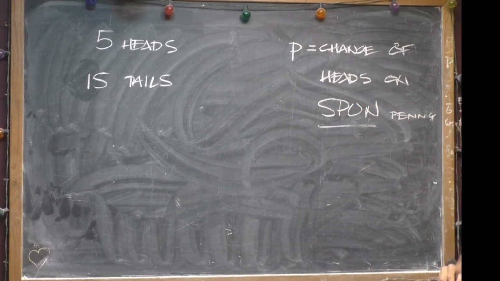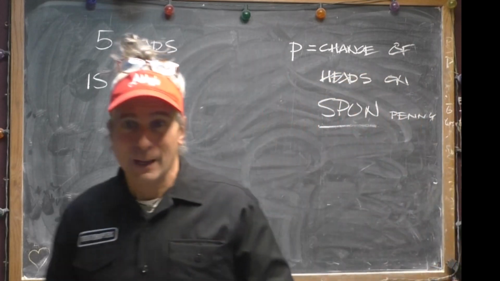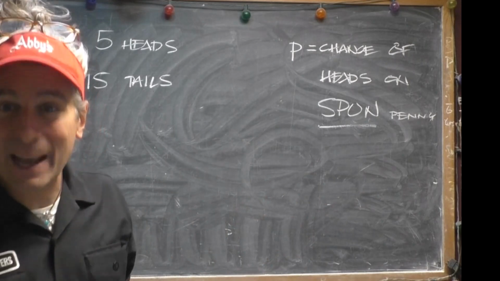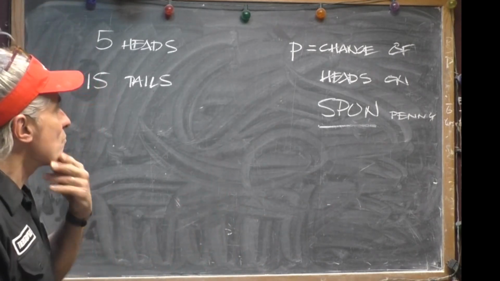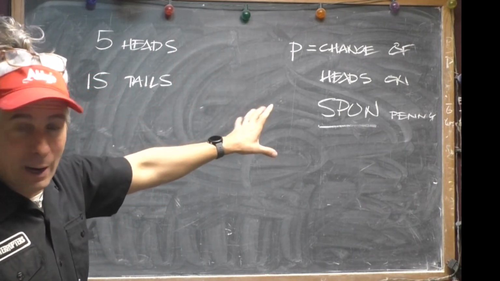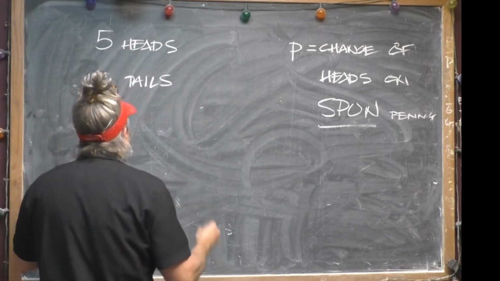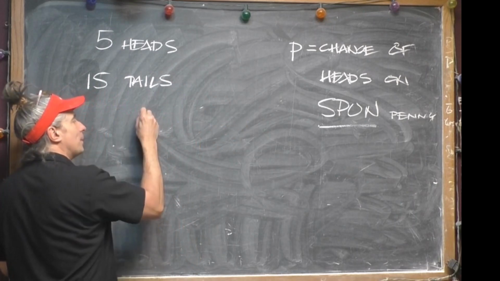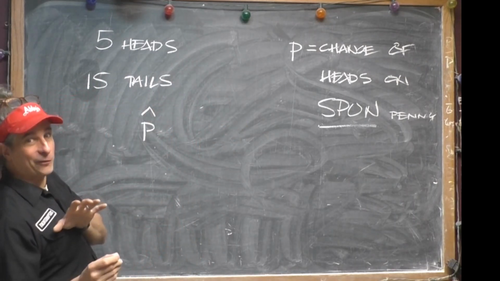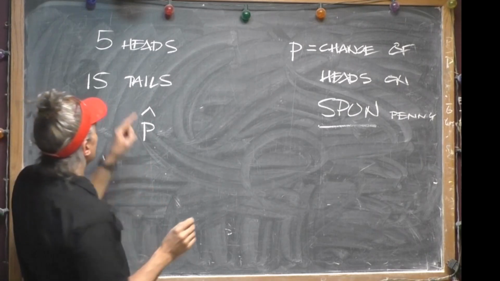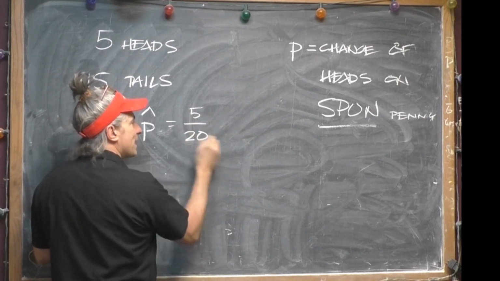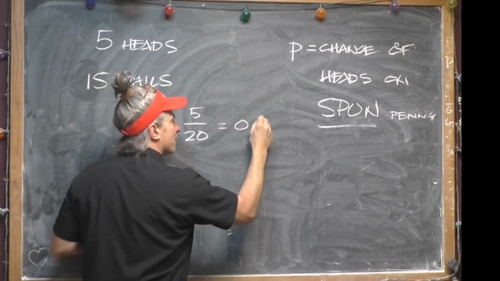It's an unknown parameter. We can assume it's 50-50 and then collect data and test that, which is actually what we're going to do right now. So we're not ever going to know what the actual population parameter is. However, we do have a sample proportion from this study, a very small, ill-funded study, but a study. 5 heads out of 20 total spins is 25%.